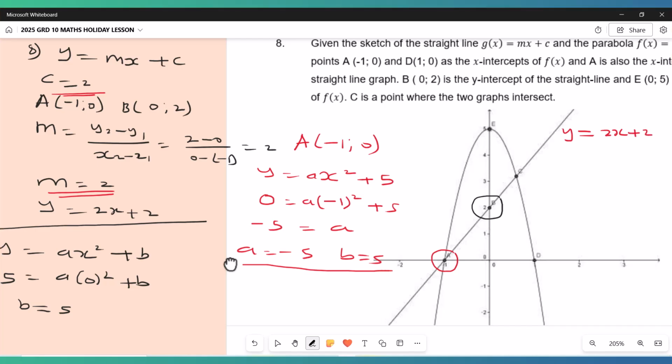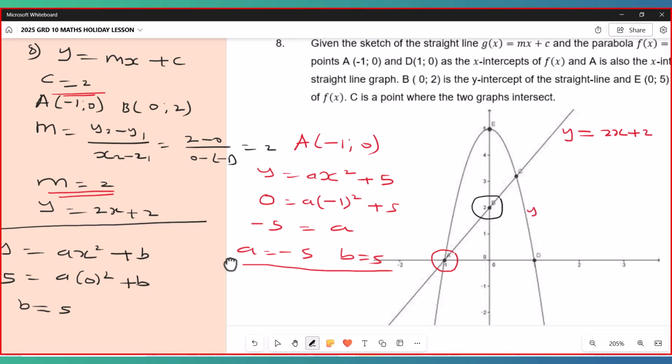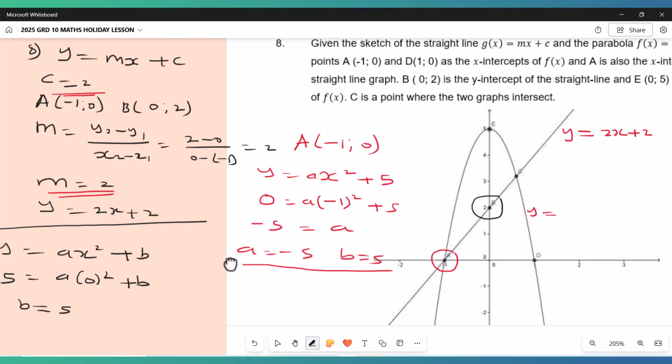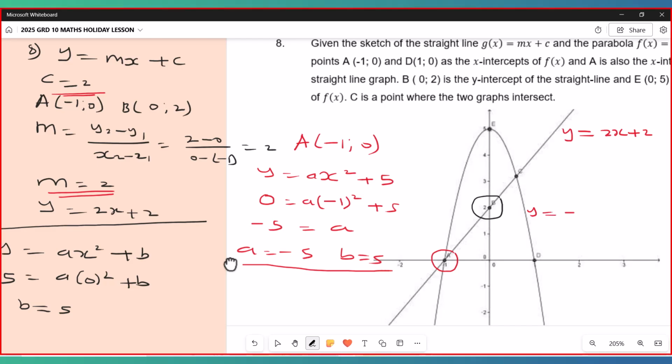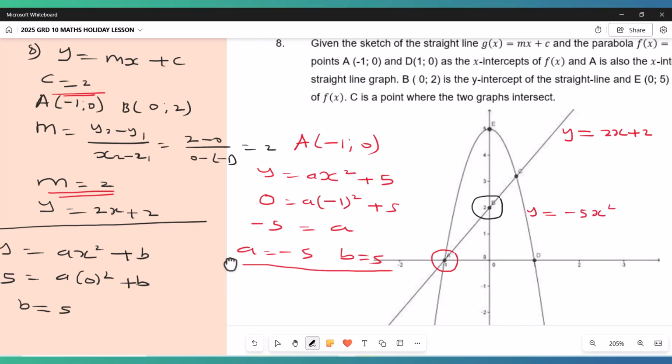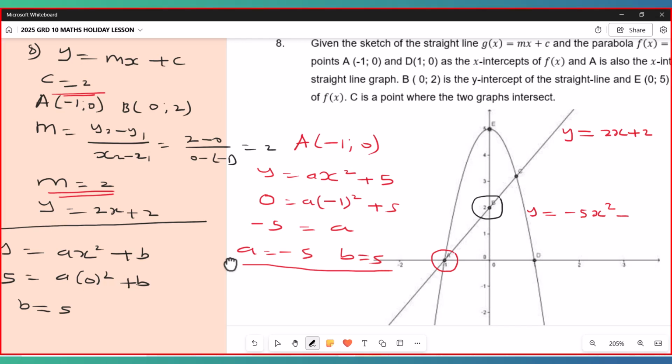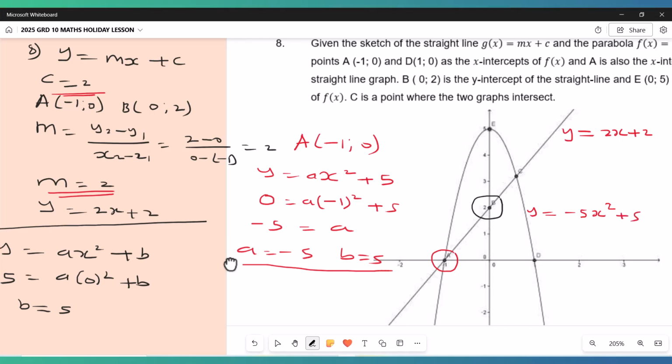What about the parabola? It is also y equals our a, which we saw is negative 5, x squared. Our b is positive, so plus 5 here.